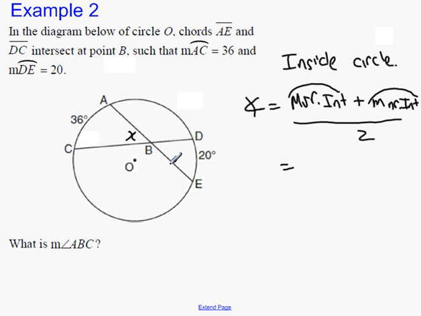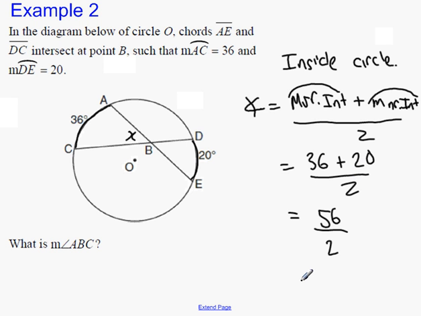So now we just have to substitute. Here's the major intercepted arc, that's 36, and here's the minor intercepted arc, that's 20. Add those two up, then divide them by 2. 36 plus 20, that's 56. 56 divided by 2 is 28.